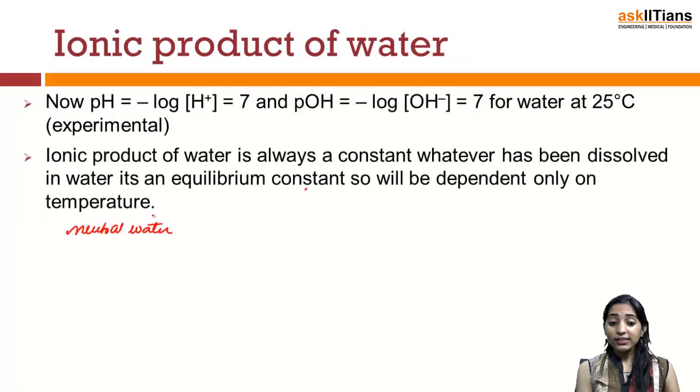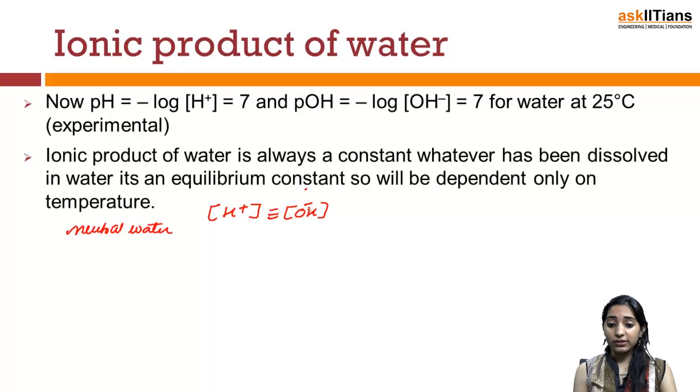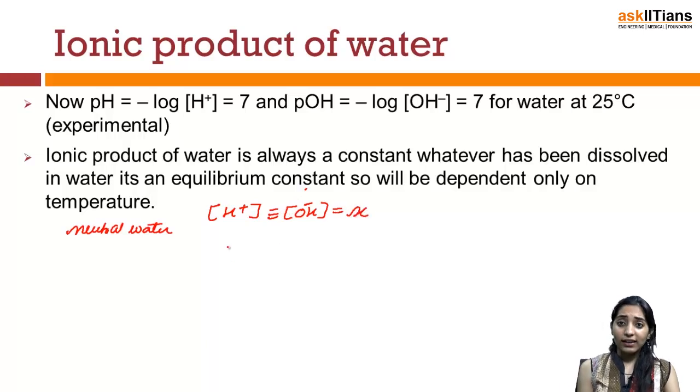So if I take the case of neutral water, whatever the concentration will be of H positive, the same will be the concentration of OH minus also. That means I can put the concentration of H positive and OH minus as the same, equal to x, and substitute this value in the earlier equation.